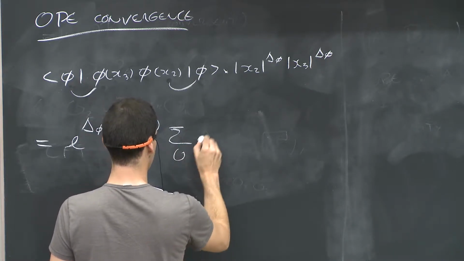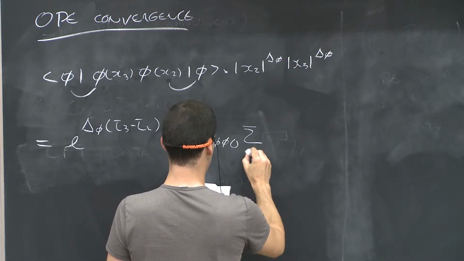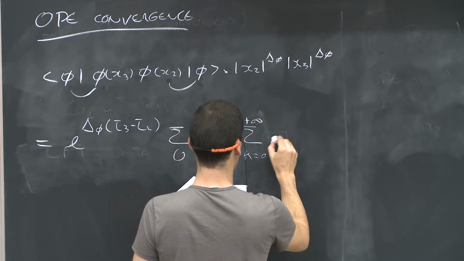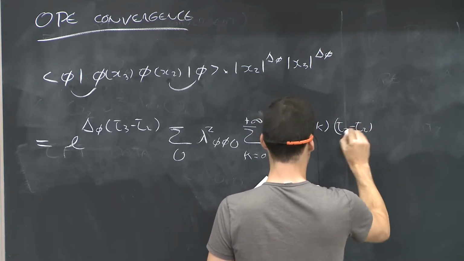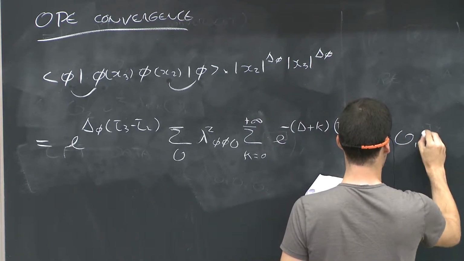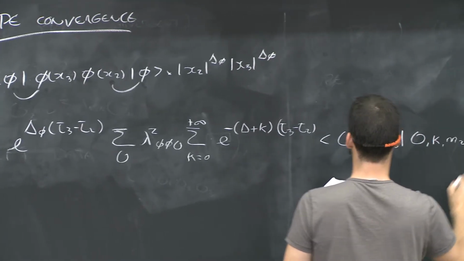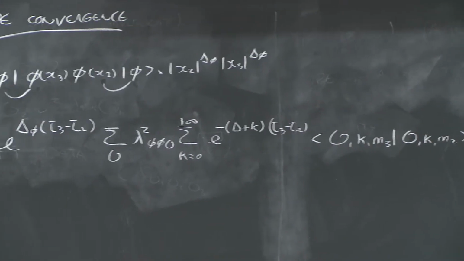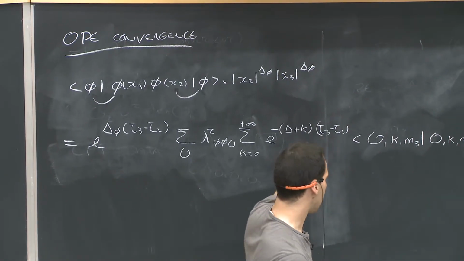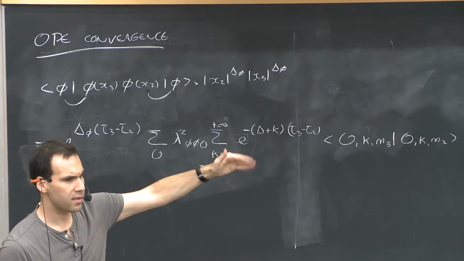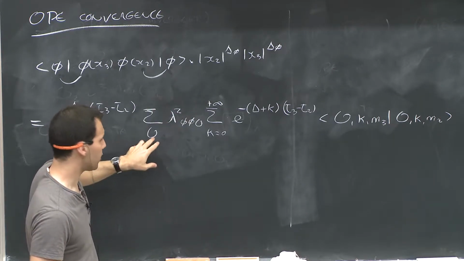Some O. Okay, so this is the same as the conformal block decomposition, or rather, you can expand the conformal block also in a power series. So there are two sums here. This is the conformal block sum, so the sum over conformal primaries.